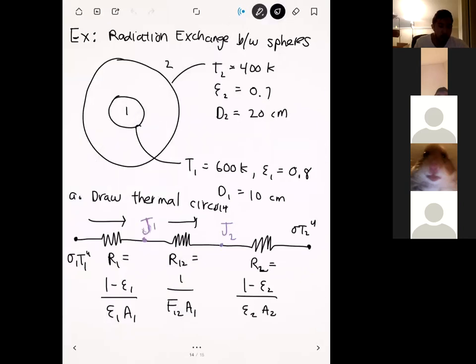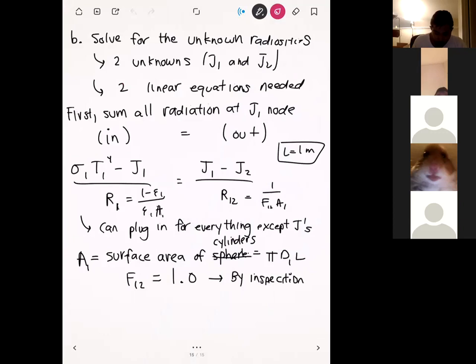Because surface 1 here is a convex surface, there's no way for it to radiate on itself. Any radiation that comes off surface 1 has no way to touch surface 1 again. Since we have an enclosed surface, everything that leaves surface 1 has to hit surface 2, and so F12 is going to be 1 just by inspection.